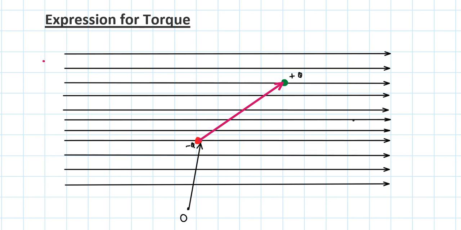Let me call it vector r minus, because, be careful, I'm not just representing the distance, but instead the position. Similarly, you can also label a position for the positive charge, and I can call it vector r plus. So vector r minus gives you the position of minus q, and vector r plus gives you the position of plus q.